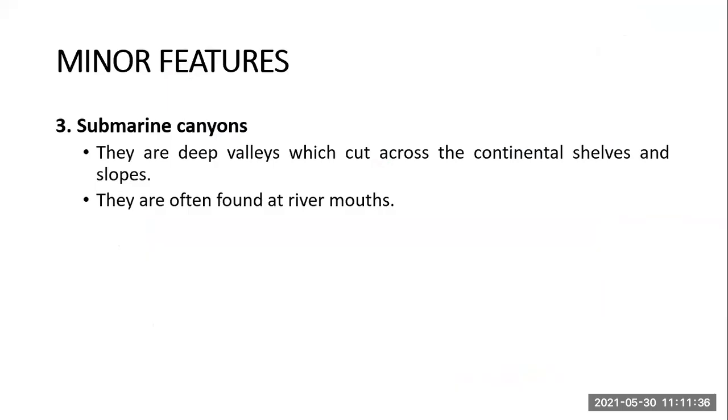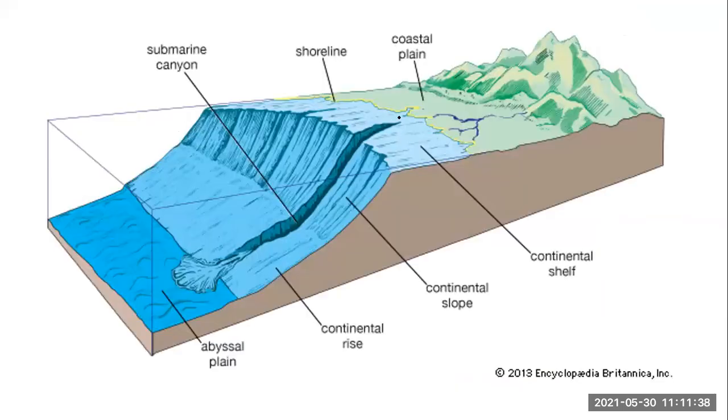Next one, submarine canyon. The picture of a submarine canyon is shown in this particular picture itself. So basically, a submarine canyon is a large, deep canyon or valley which cuts across the continental shelf region as well as the continental slope region.